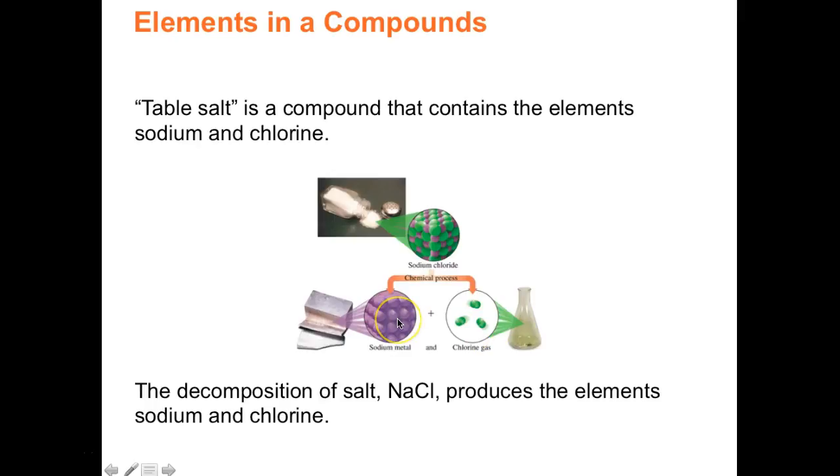So the sodium metal and the Cl2 gas come together and form sodium chloride, which is table salt as we know it, okay? So if you break the NaCl down by a chemical process, then you can get back your sodium and your chlorine.